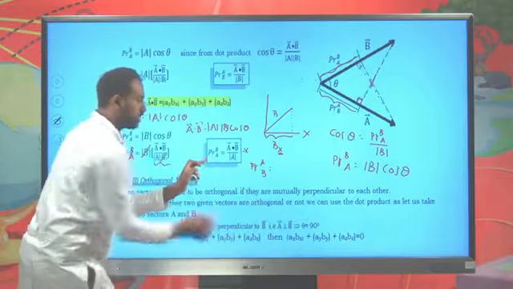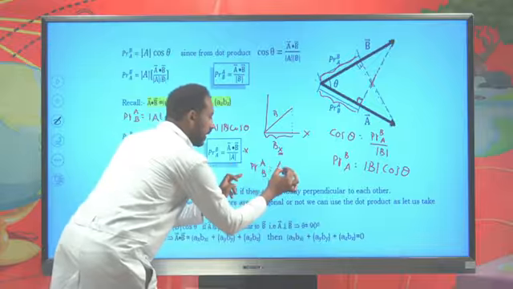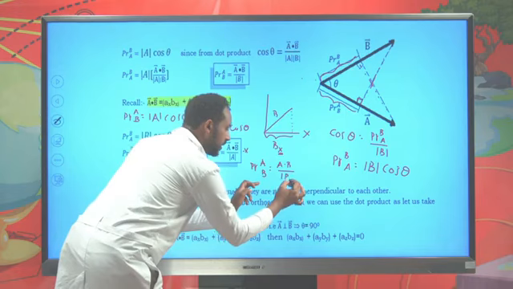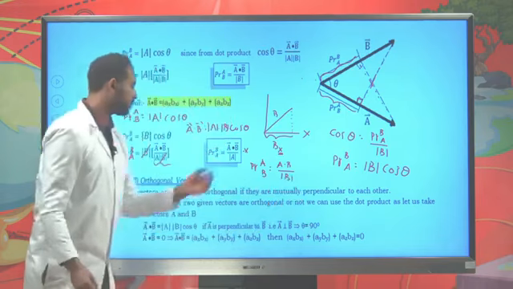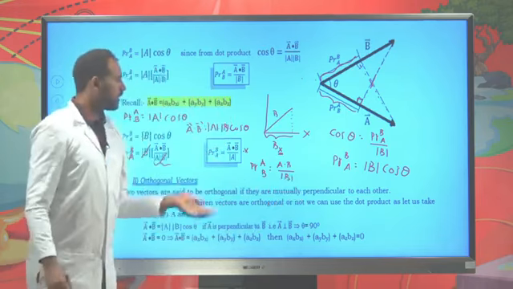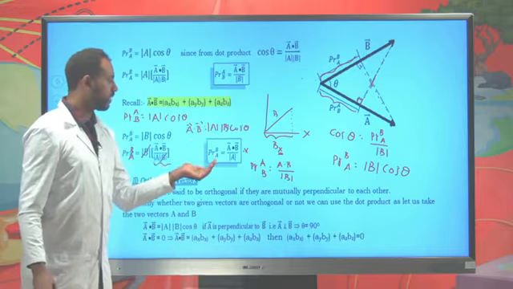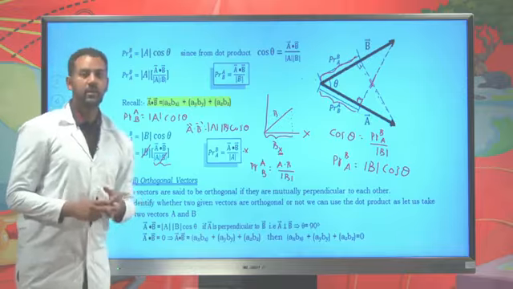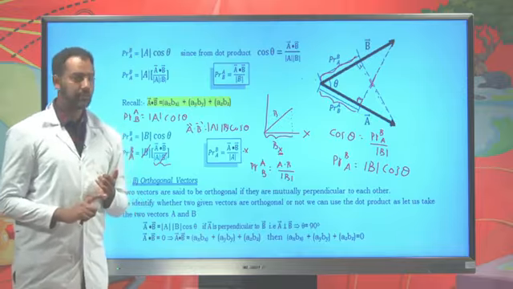If you are asked such a question, you have to put A dot B over the magnitude of B. It's possible to use this way to determine the projection of one vector onto the other vector. So this is one good application of vectors.